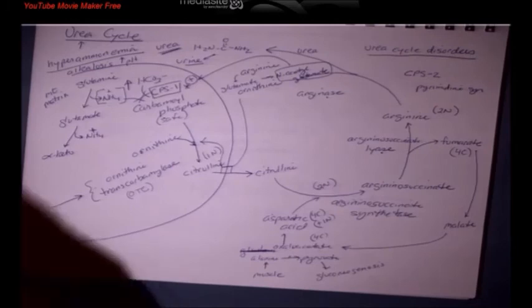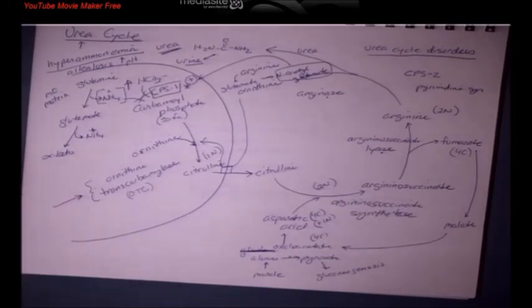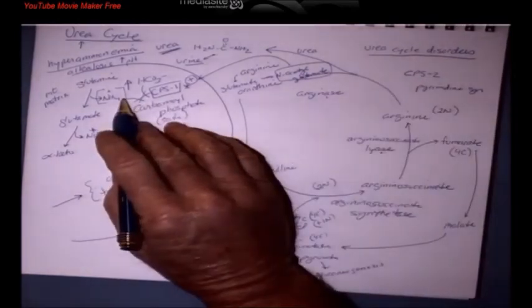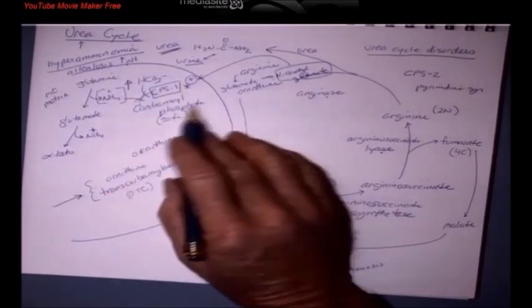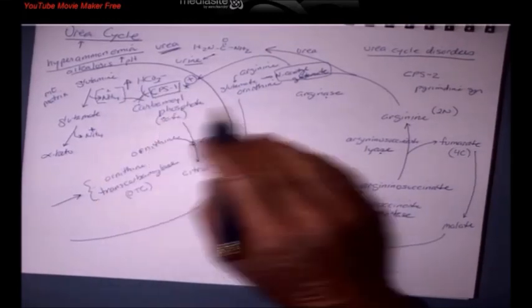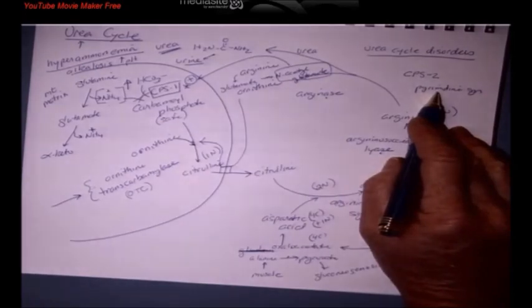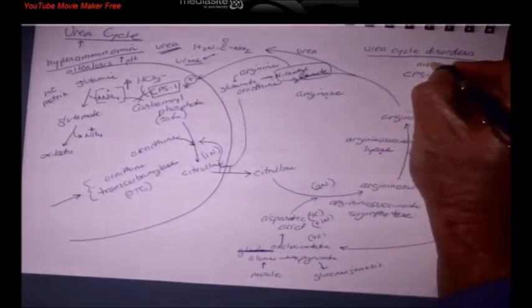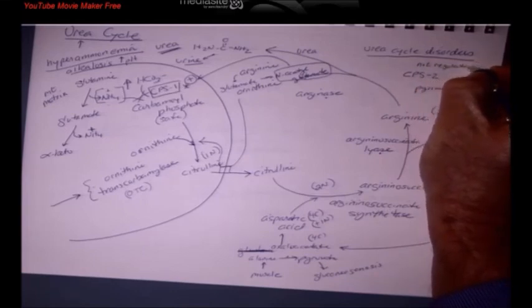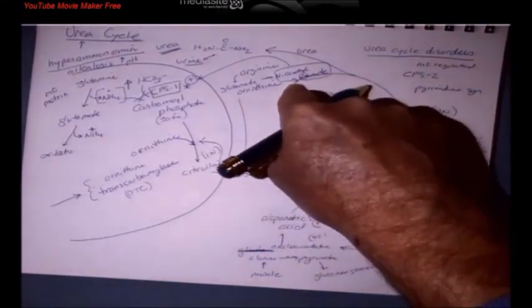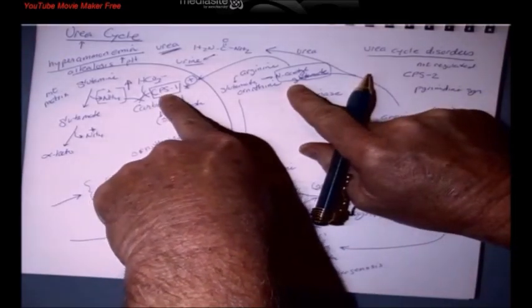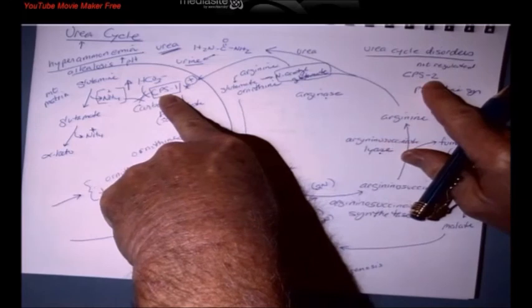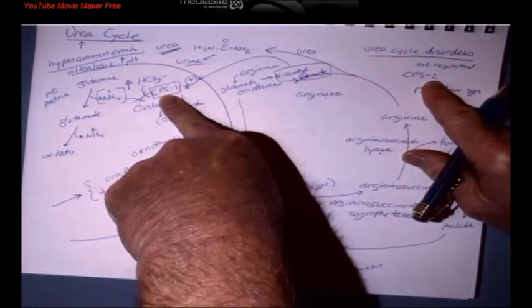So this is the connection between the urea cycle and nucleic acid formation. CPS2 is going to perform the same reaction with nitrogen ammonia. It's going to make carbamoyl phosphate, and that's going to increase your pyrimidine synthesis. CPS2 is not regulated. So the N-acetylglutamate will activate CPS1, but it will not influence CPS2.